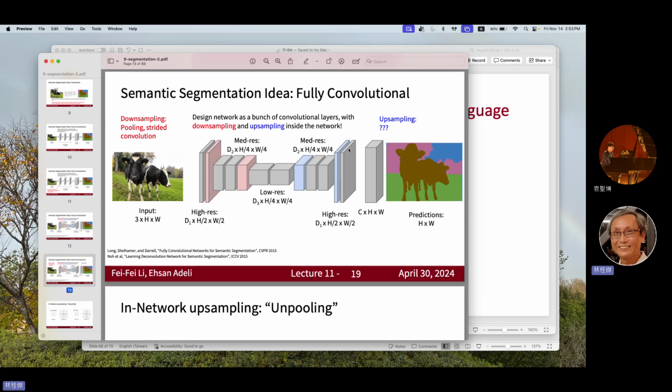Because we need to be able to see the picture in the original resolution. If we look at something in between, in the low resolution here, we wouldn't be able to figure out what this is. But after we have done the upsample, then we can see the relationship of the picture relative to the original picture.